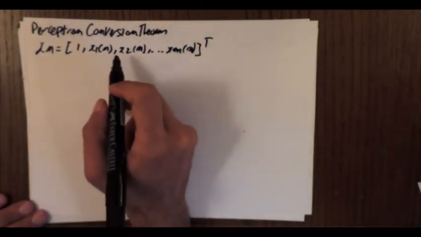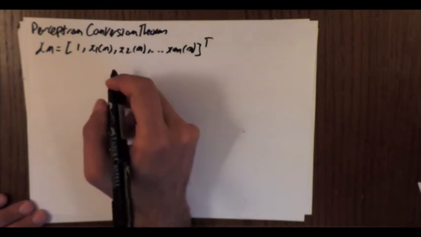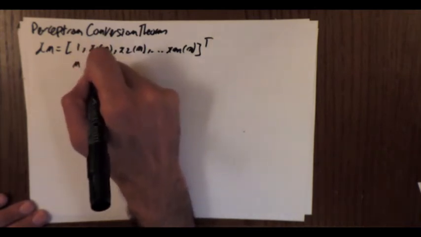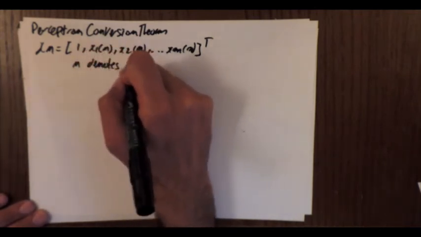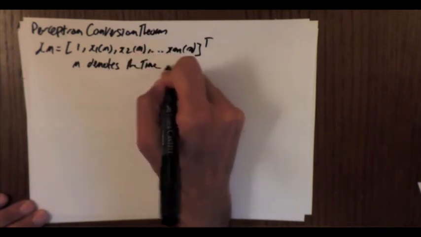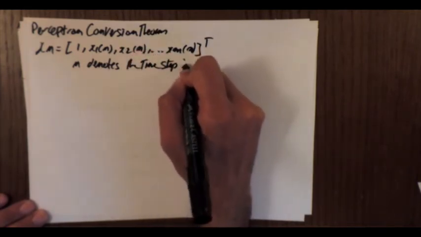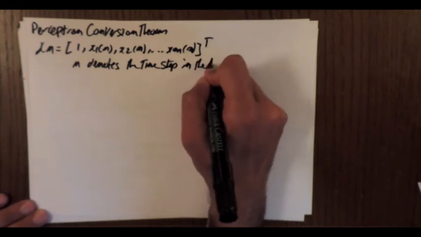This is my input, where n denotes the time step in the algorithm.